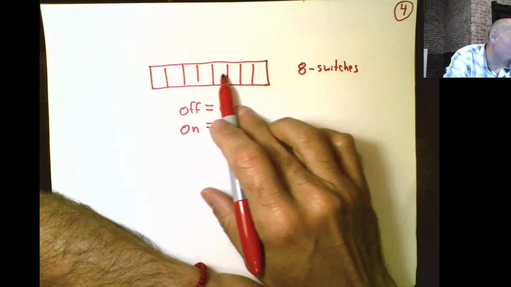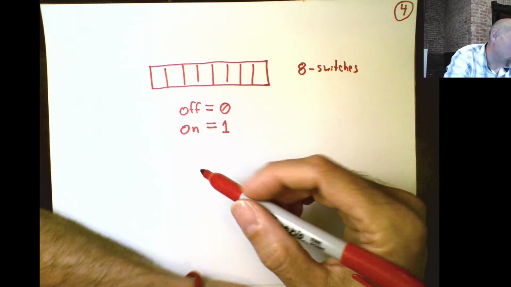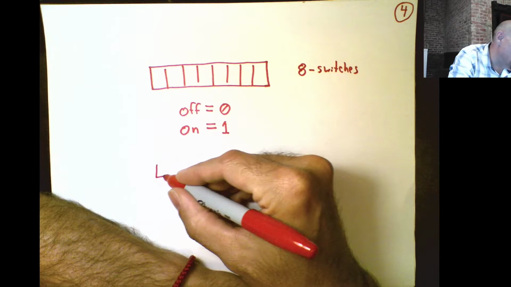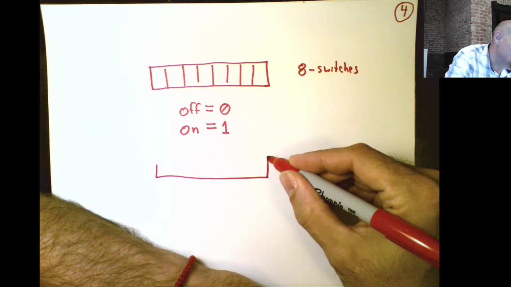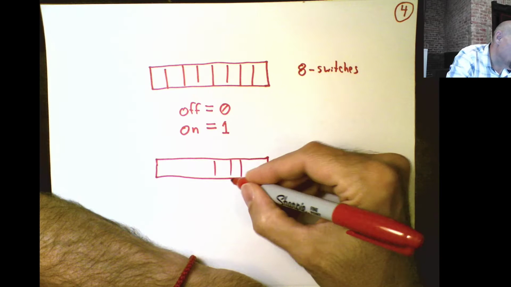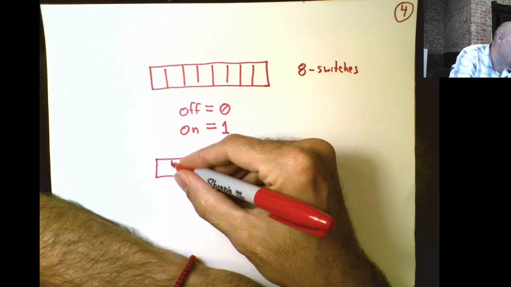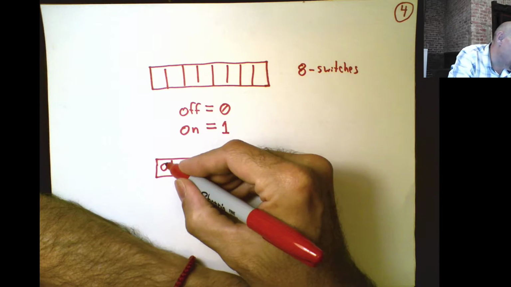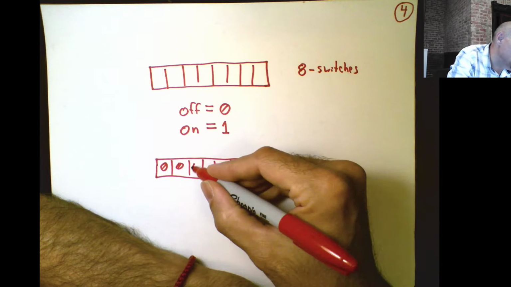Now, if all of these are off, let's actually fill in that memory box with all of them off. So let's make 8 cells here. So there's my 8 cells. If all of them are off, we would put all zeros in there.